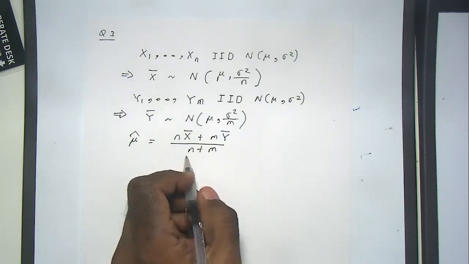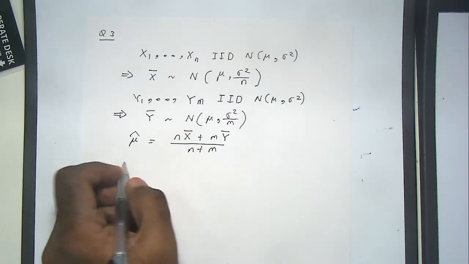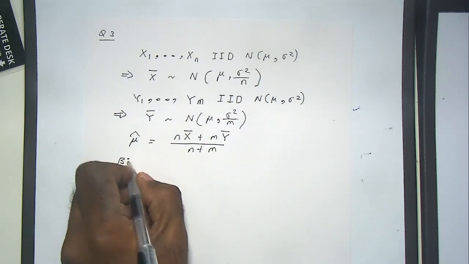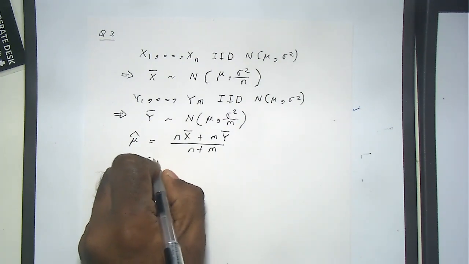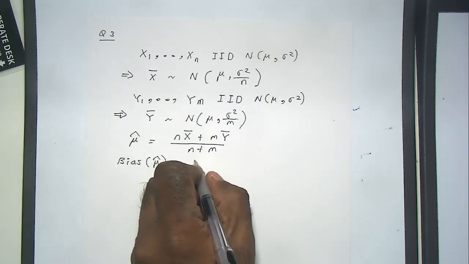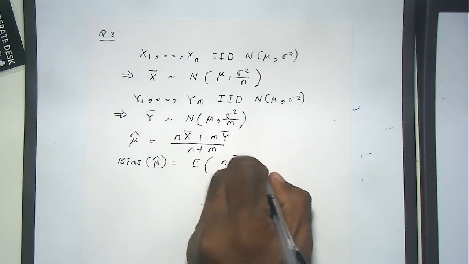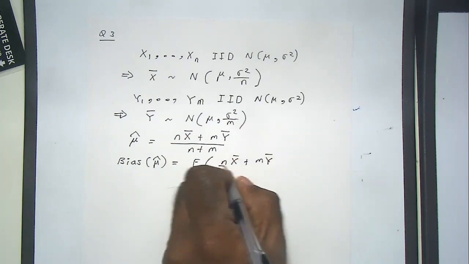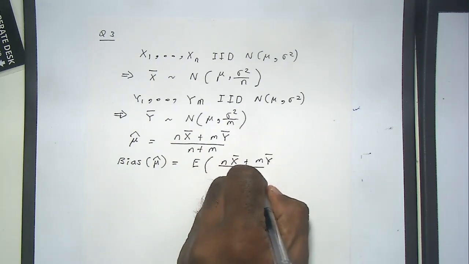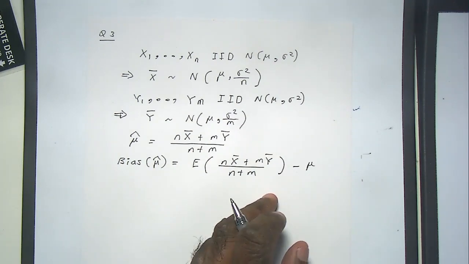Alright, we need to show that this estimator is unbiased. Now, do you guys remember how to show that an estimator is unbiased? I did 10 examples on this in the lectures. So all you have to do is show that the bias of mu hat equals 0, which is the same as the expectation of mu hat minus mu. Yeah, this is the definition of bias, you recall.